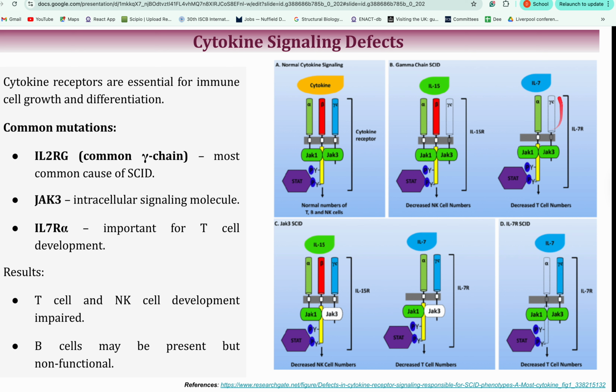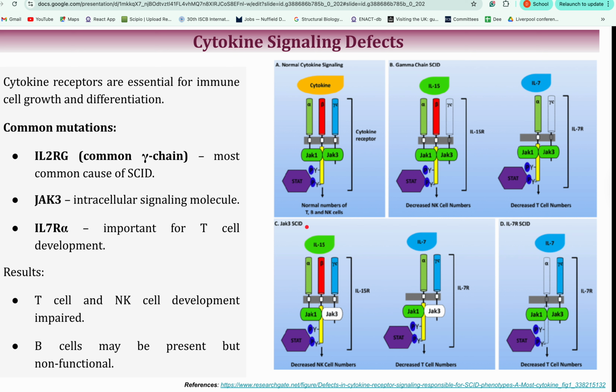As you can see, the alpha, beta, and gamma C chains must be present. So if there is loss of any one chain, such as the gamma C chain, then in both of these cases, when there is a defect in the gamma chain, natural killer cells are decreased in IL-15 and the T cell numbers get decreased in IL-7.